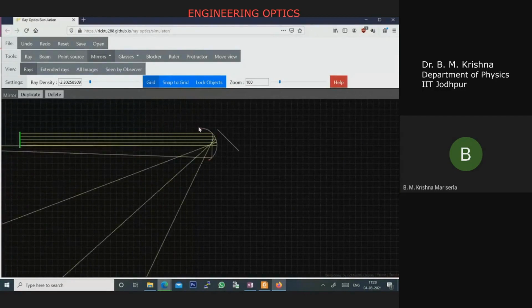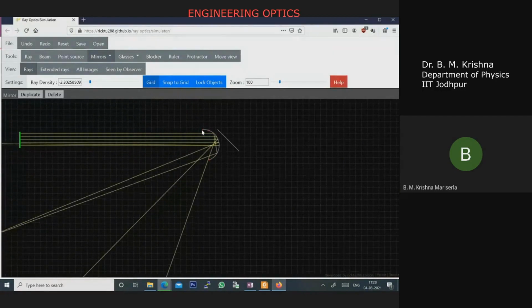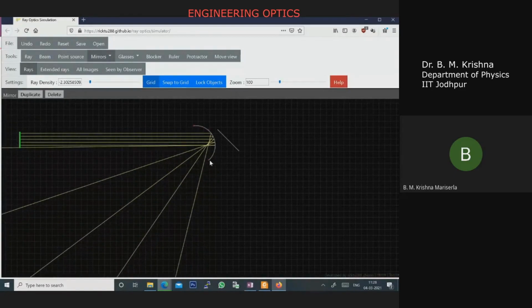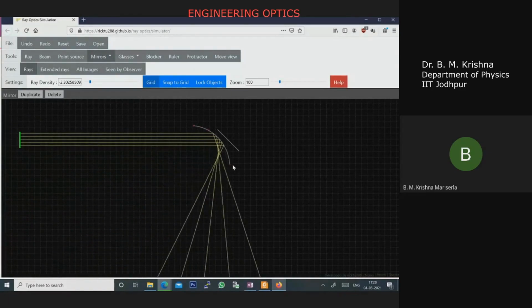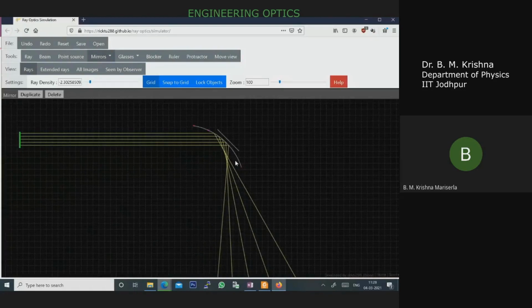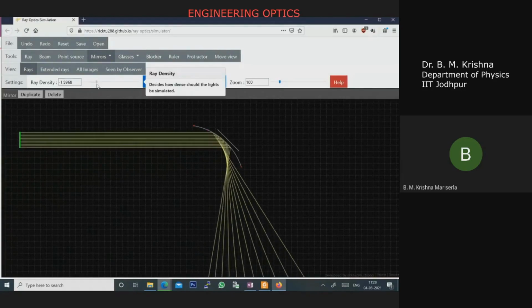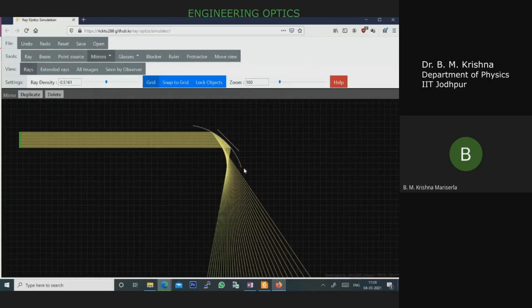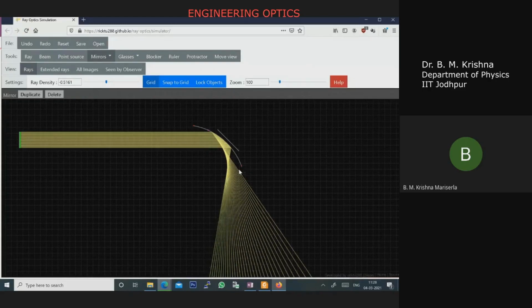You see, as I change this mirror, you can see what is happening. Now I can also increase the ray density, so the number of rays incident onto your mirror.